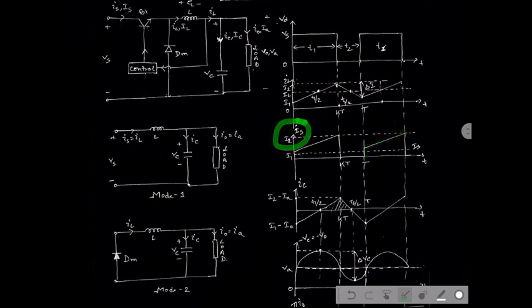Now see, the dotted line is given here. That is called the average inductor current, which stands for capital IL, and here that is the average IS, which stands for IS. That is why we have mentioned the IS part and IL part here. Okay, it is the average value.